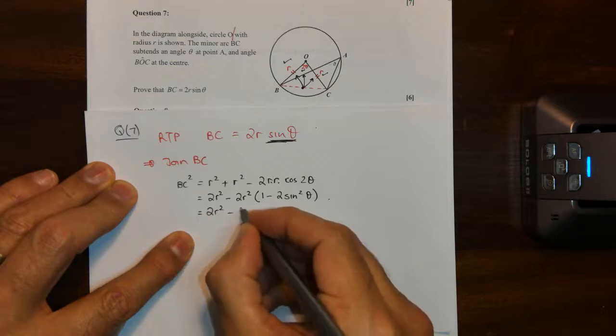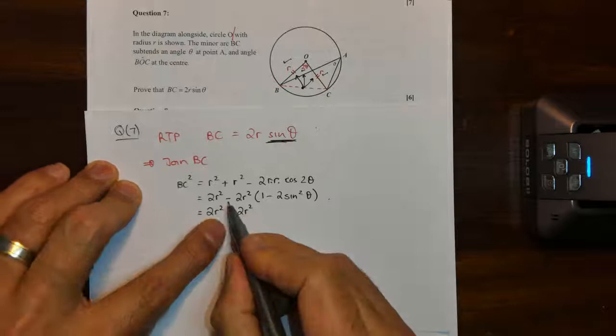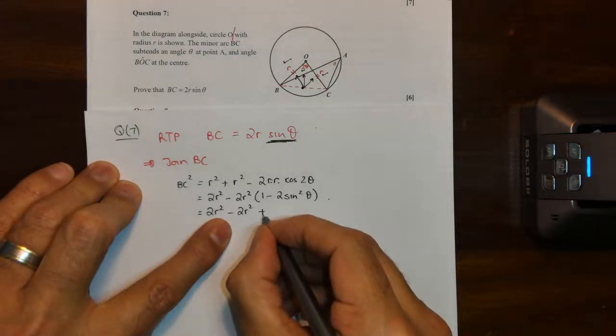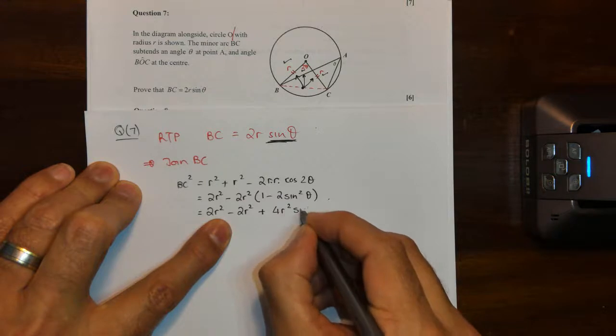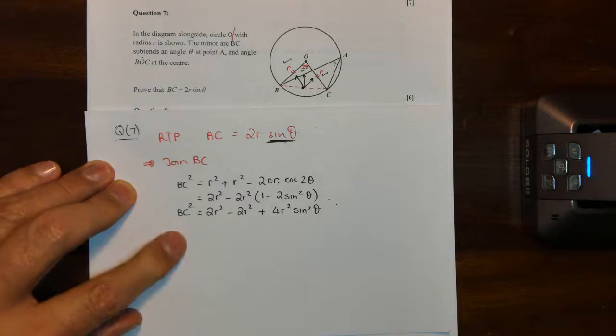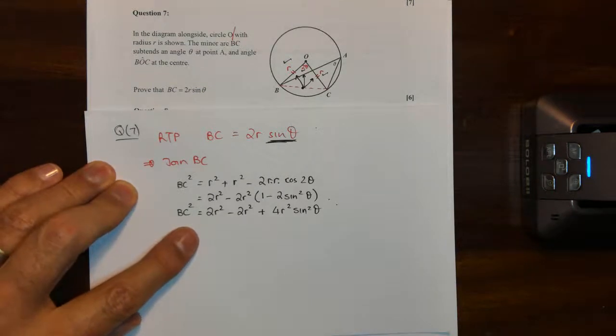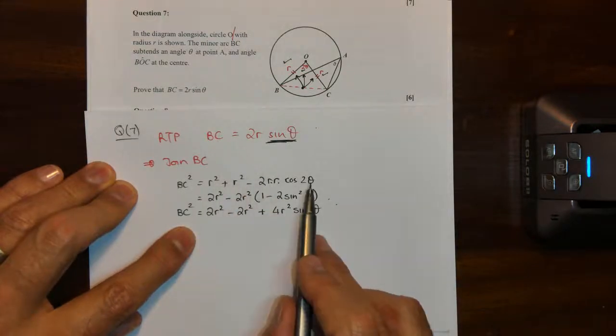So I'm going to distribute there. 2r squared minus 2r squared times 1 is minus 2r squared. A minus times a minus is a positive. 2r squared times 2 is 4r squared sine squared theta, and all of this is equal to BC squared. Okay, so can you see how I analyzed my diagram and how I based my choice on that?